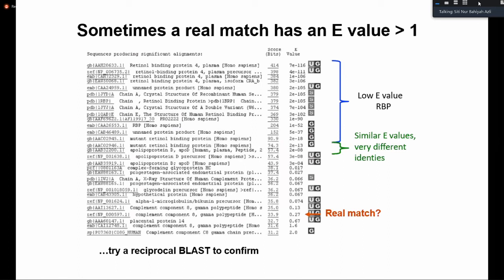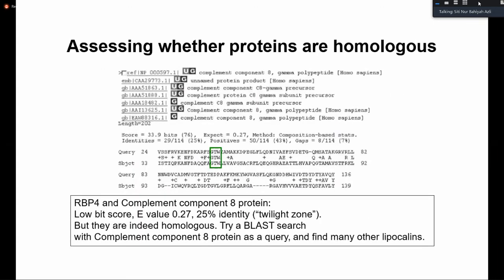Although it doesn't provide an e-value lower than 0.05 and the bit score is low compared to the 414 score as the top hit, once you do a reciprocal BLAST, it is still there. So we can say that they are homologous to one another, although they don't have a very strong identity.